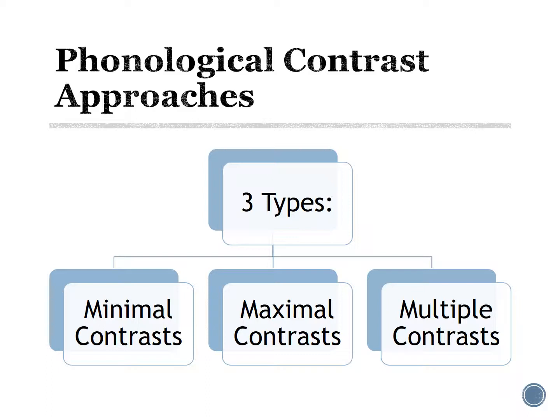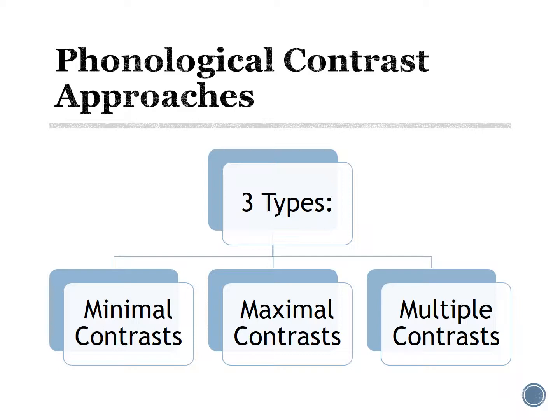Now, the three types of contrast approaches that we are going to discuss in detail are minimal contrast, maximal contrast, and multiple contrasts. All of these approaches use two or more target sounds with contrasting features and are taught primarily in words. So all three approaches use minimal pair word sets.